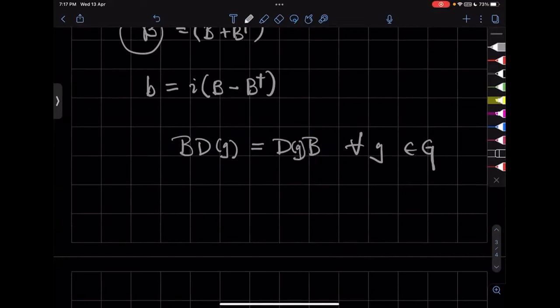Now, D is a representation, and we can assume D is a unitary representation.